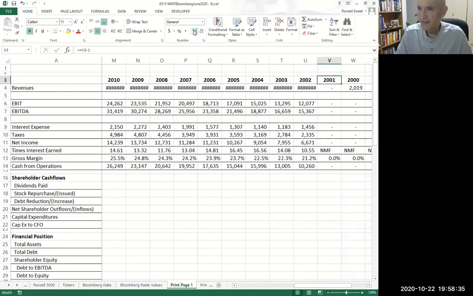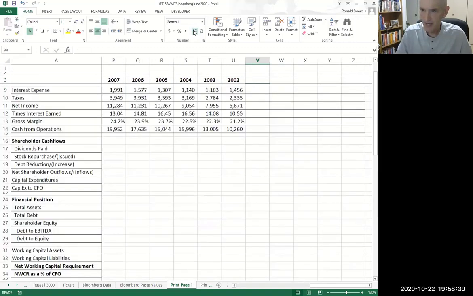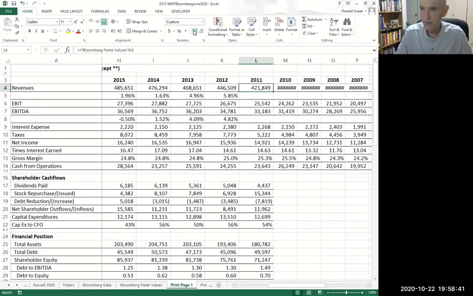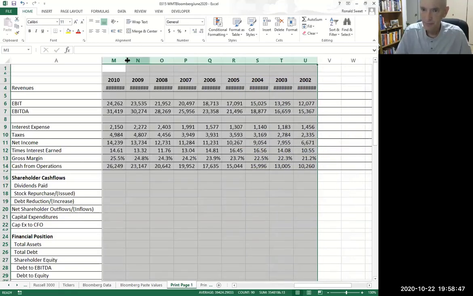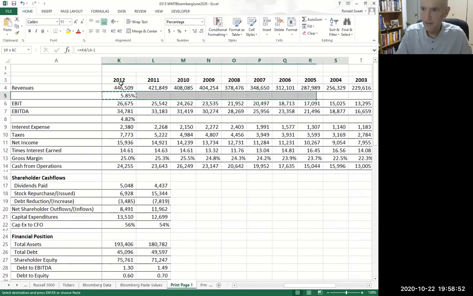So for Walmart, actually go back to 2002. You might have data all the way back to 2002, and in that case you can get a lot more data. That's almost 20 years of data.